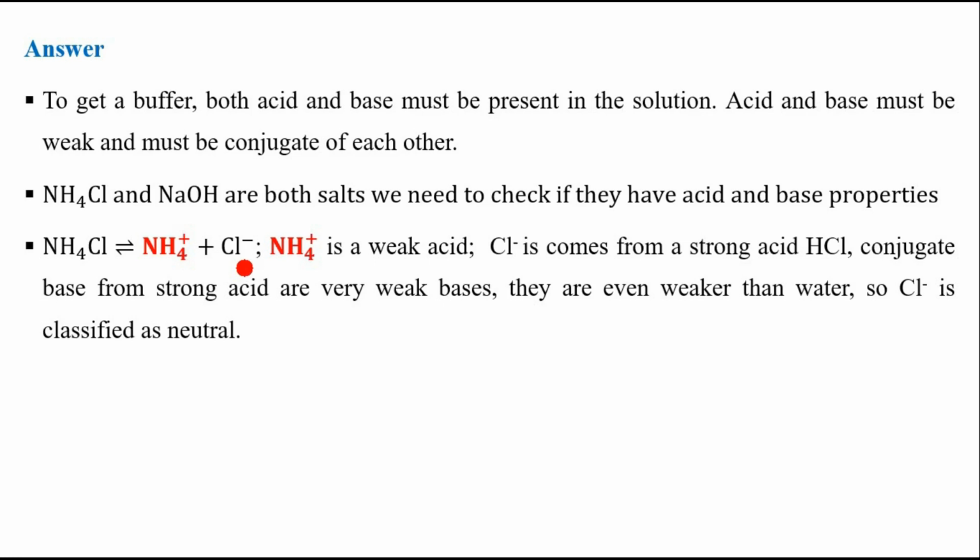The ammonium is a weak acid, so here we have the acid. But to get a buffer, we need its conjugate base. The conjugate base of ammonium is ammonia. So we need to check whether ammonium plus sodium hydroxide gives us ammonia.